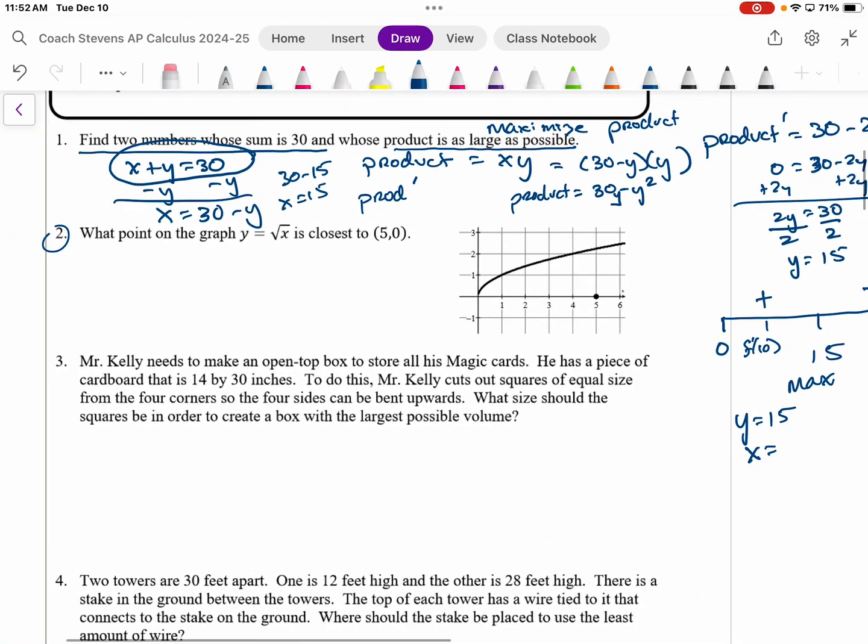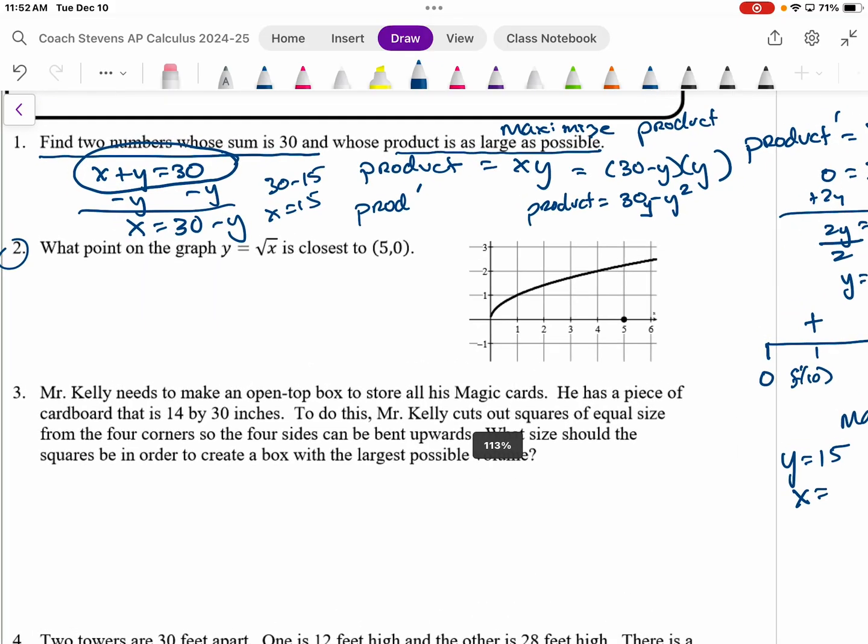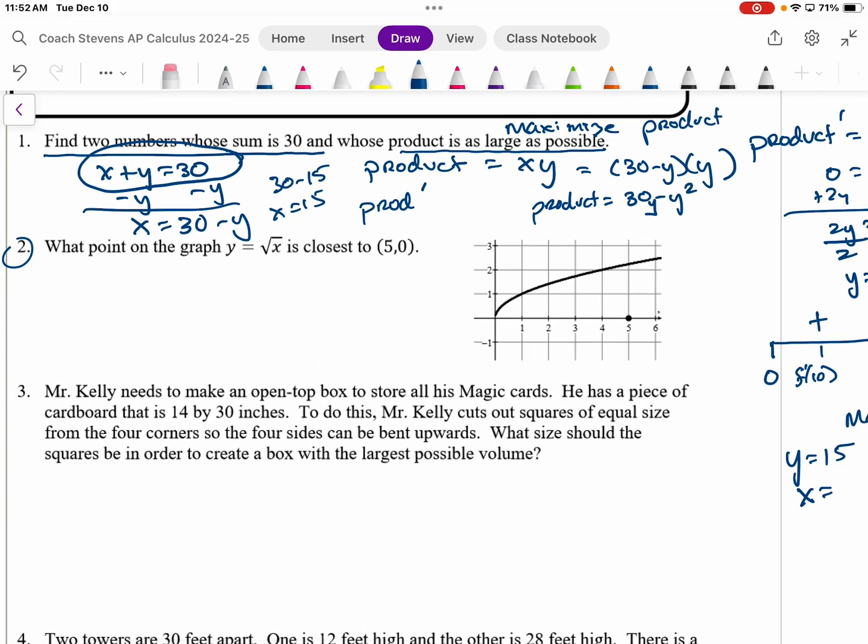So question number 2, it says the point on the graph y equals the square root of x. What point is closest on the graph to that point 50? All right, now eyeballing it, wouldn't you say it's probably somewhere in that zone that I marked in orange? Wouldn't you think it's roughly somewhere in there?